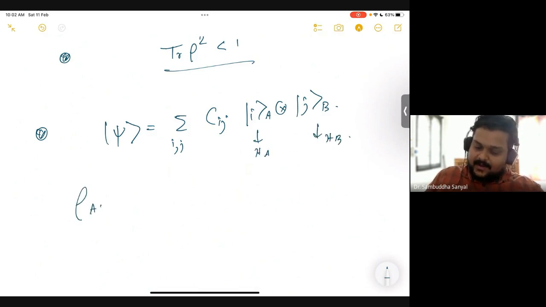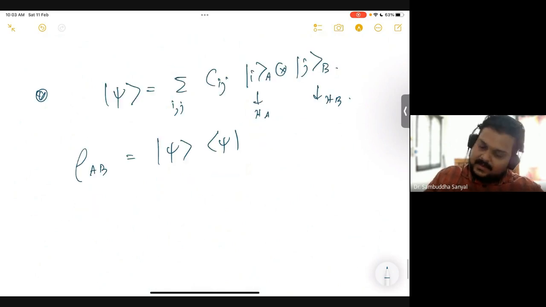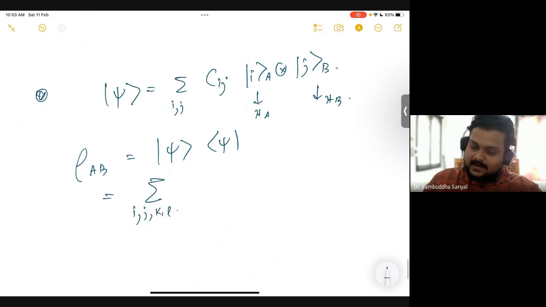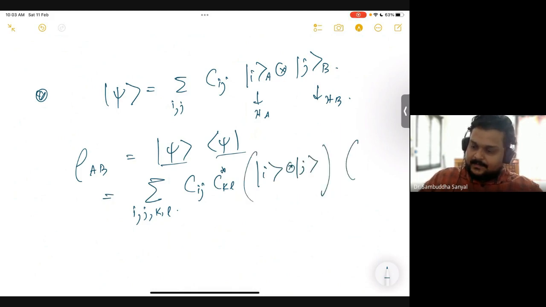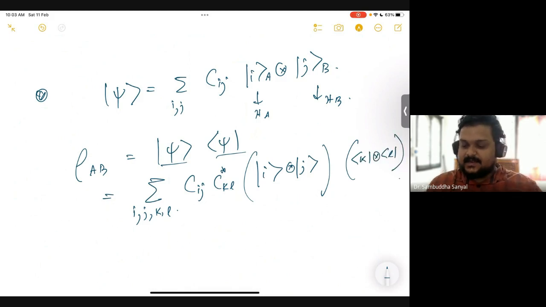You can write down a rho_AB, which is psi, and that is nothing but sum over i, j, k, l. Okay. So this side is ij, this side is kl. So C_ij C_kl star, you get |ij><kl|. So this is the composite density matrix.